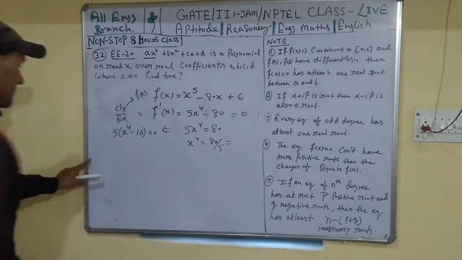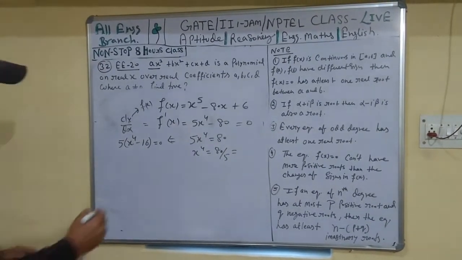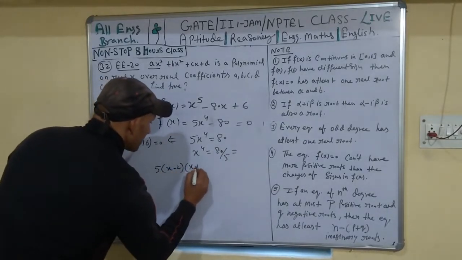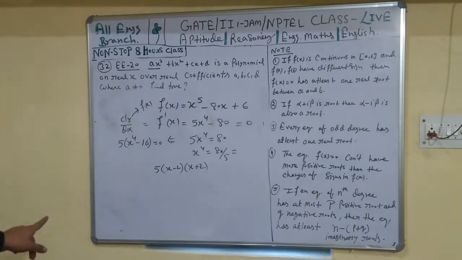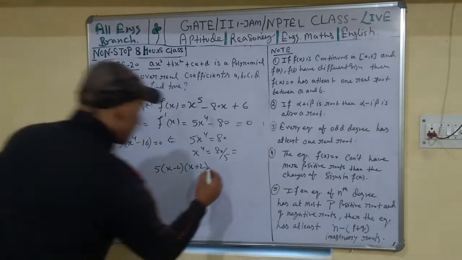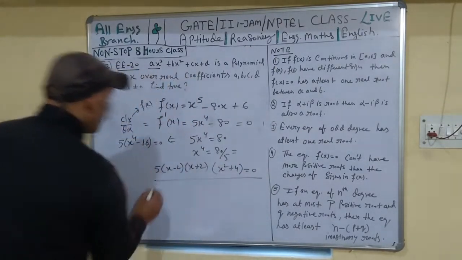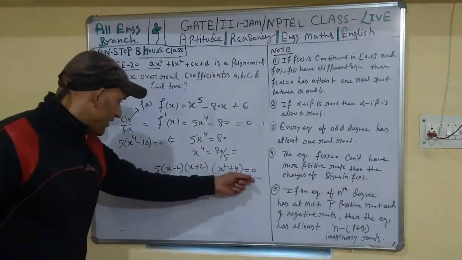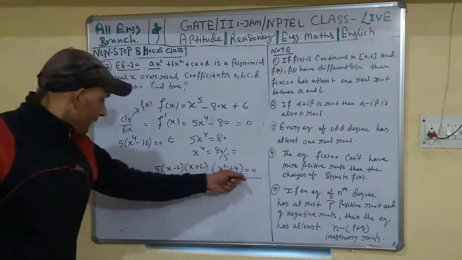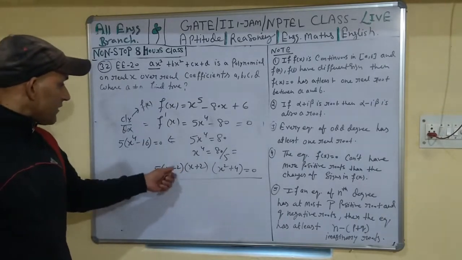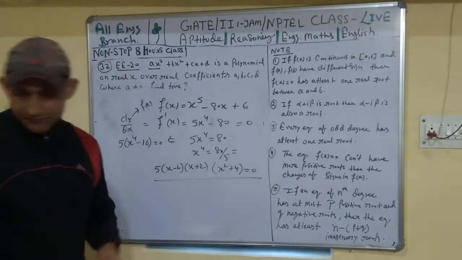No need to just solve it. You can write (x minus 2)(x plus 2)(x square plus 4) is equal to 0. So from this you can find the values of x where the function can be maximum or minimum.